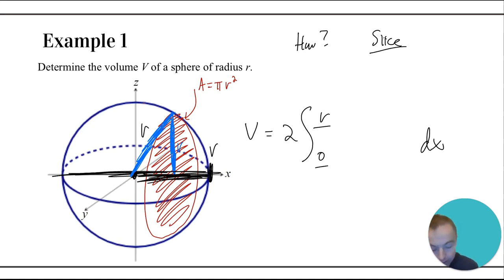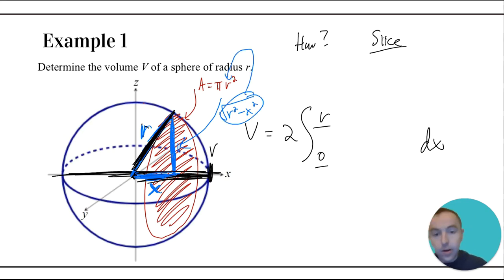So this radius is the same thing as this radius, and this distance down here is x, how far you've moved along the x-axis. That means this distance right here, by the Pythagorean theorem, would be the square root of that hypotenuse: r squared minus x squared. Beautiful. So that's what we want to use for the radius of the cross-section.